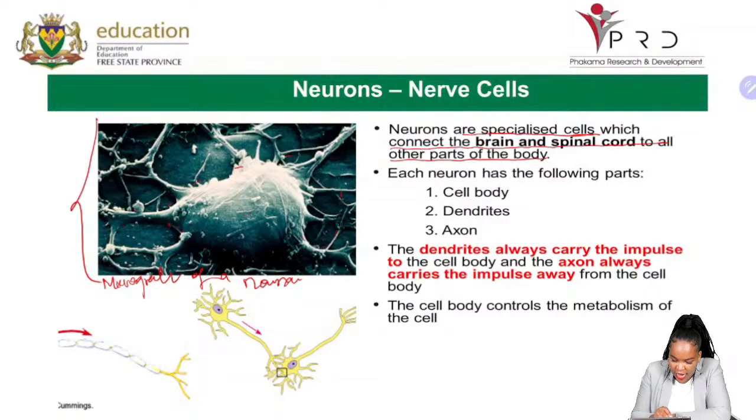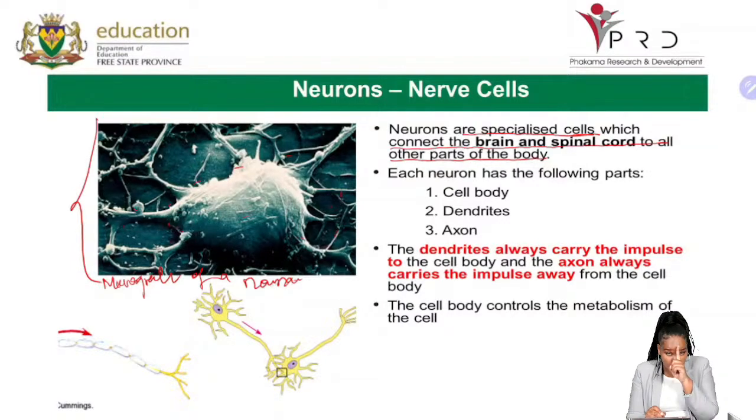These neurons are the ones that actually transmit those impulses from the brain to the spinal cord, from the spinal cord to the brain, vice versa. So these are the neurons, millions and millions of them in one nerve. They are the smallest unit of a nerve.